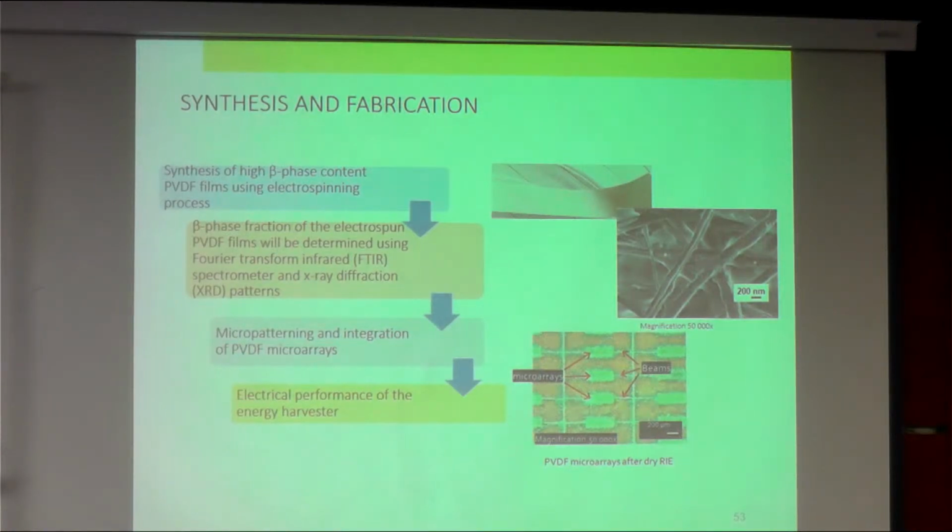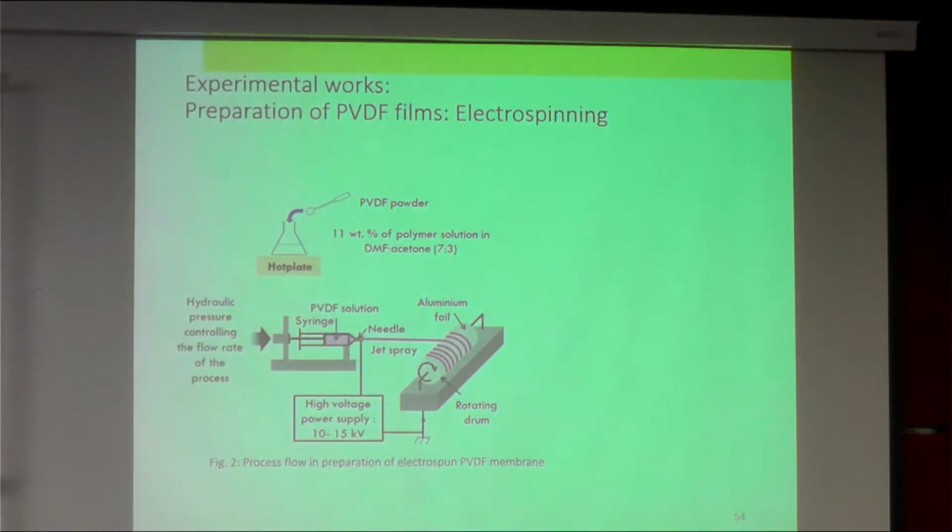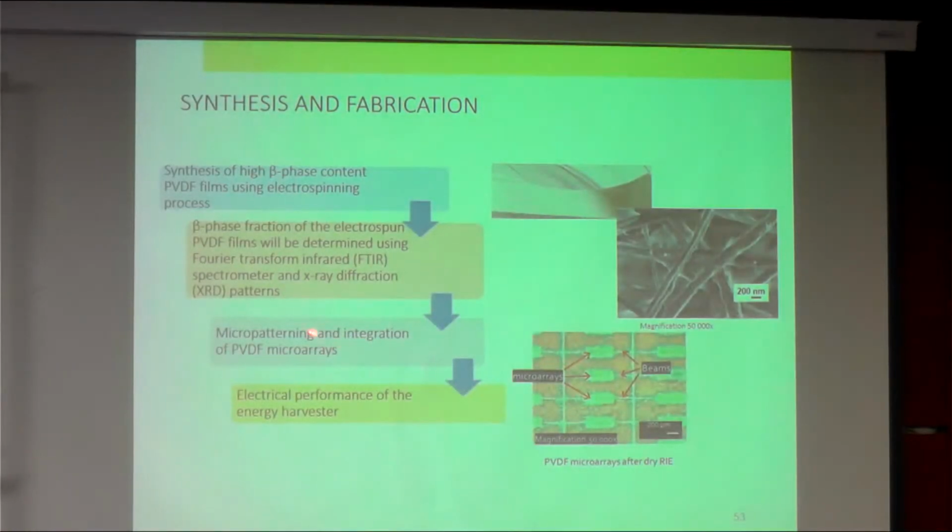The beta phase fraction of the electrospun PVDF film will be determined using an FTIR spectrometer and XRD. Then micro-patterning, then integration with the device. The electrical performance of the energy harvester will be evaluated.